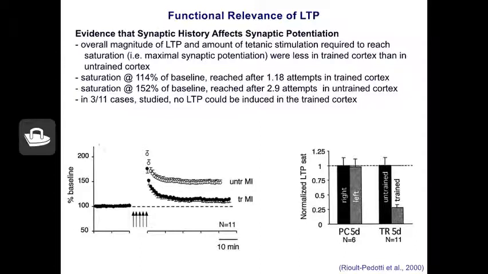Could it be that the trained cortex had high synaptic strength, and the untrained cortex had low synaptic strength? So the trained cortex was near its max already, and the untrained cortex was far below its max for synaptic strength prior to the electrical stimulation.